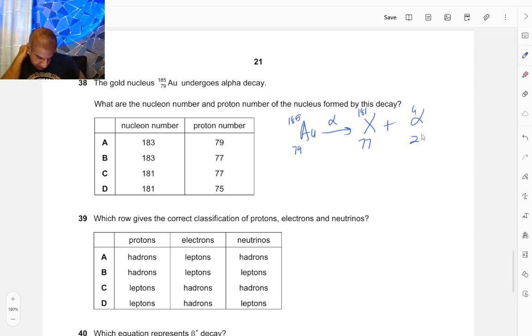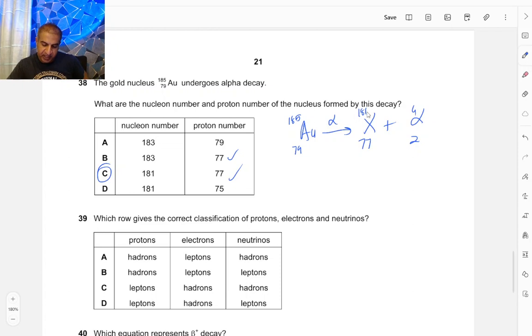Anyways, what is our target? The proton number is going to be 77, and how many alpha? Just one alpha. So the nucleon number is going to be 181. Nucleon number is the sum of the protons and the neutrons.